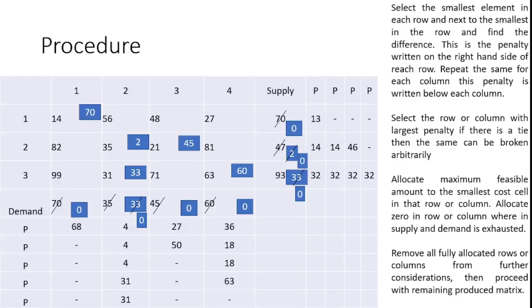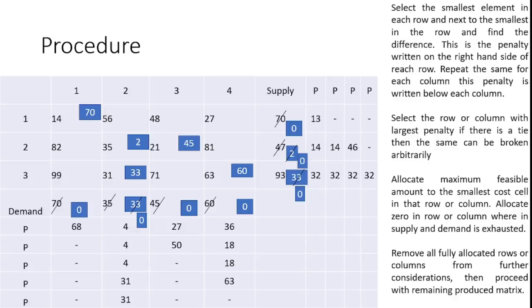After that, remove all fully allocated rows or columns from further consideration, then proceed with the remaining reduced matrix. Here all the columns and rows are exhausted, because we have allocated the feasible amounts for all the elements into the transportation table.